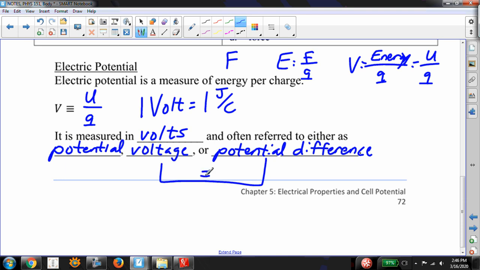Potential and potential difference will have slightly different meanings. Mainly, we are always going to be concerned with the potential difference, which is the difference in potential between two different spots. Like returning to my mountain, there's a difference in the potential energy between this spot and this spot. One just has more potential energy than the other. And so there will also be a potential difference between those two spots.